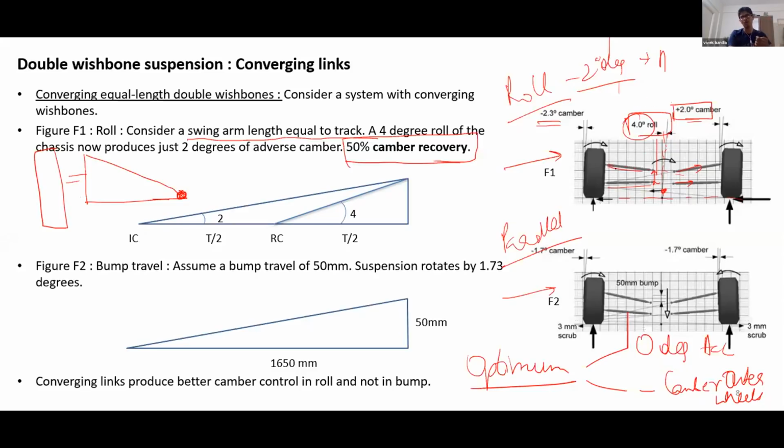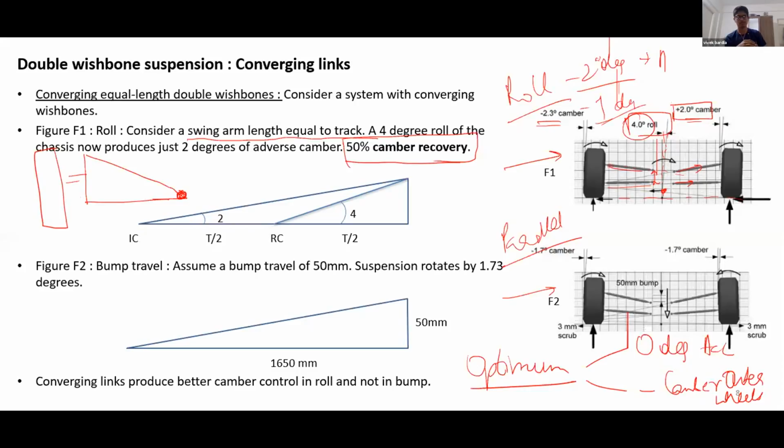And maybe if you can reduce the roll to a certain extent by using a better ARB, you can maybe go ahead with minus 1 degree of static camber, which is pretty good, right? So this is where the tuning part comes into play, and this is where the driver also gets involved with the race car, right?